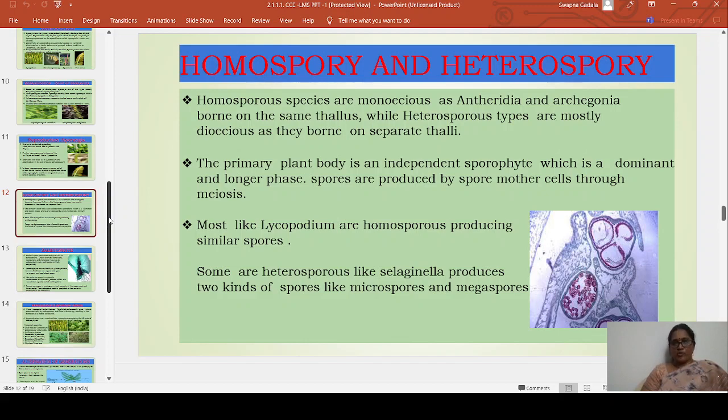For example, Lycopodium. You can see in the image the sporangium, and also inside the sporangium you can see the spores. Selaginella produces two kinds of spores, microspores and megaspores. These two different kinds of spores, this process is known as heterospory. So a few genera of pteridophytes show homospory and a few show heterospory. Homosporous species are monoecious, that is bisexual, and heterosporous species are dioecious.